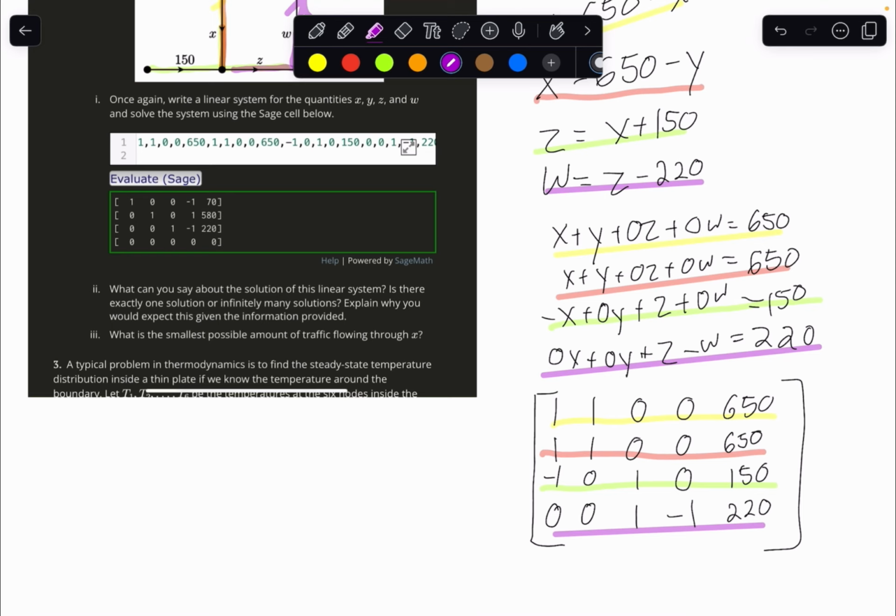And then in this is actually our free variable. So our very last variable, this is going to be our w value because of this being the very last one. I am marking it in purple. So w is equal to a free variable, which means that there are infinitely many solutions, but not really, because we have to understand this in the context of cars.